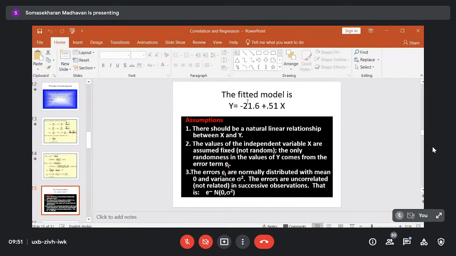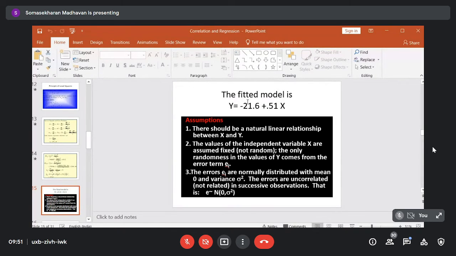So usually, once people obtain the data, they just construct a linear model. Then they say that this is the relationship between the variables. That is totally wrong. The first step to construct a regression model or a linear model is to observe the data, analyze the data, identify whether there are any outliers or extreme values, and whether the data satisfies all the assumptions required for constructing that model.